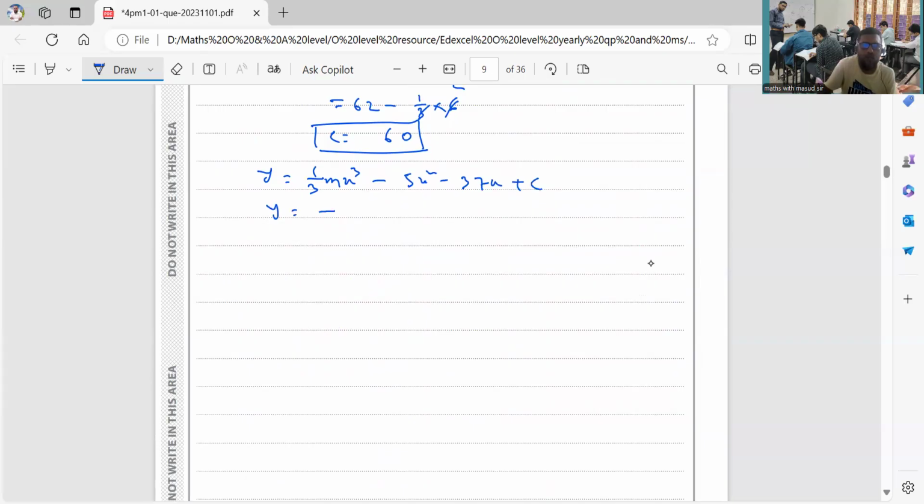Okay, now y equals 1 by 3 m, m represents 6, right? 6x cube. So it will be minus 5x square minus 37x and c equals 60. So finally, if you cancel it out, it will be 2, right? So it will be 2x cube minus 5x square minus 37x plus 60, and this is the y. So that is what the question asks you to show.